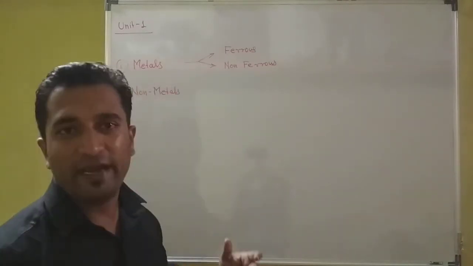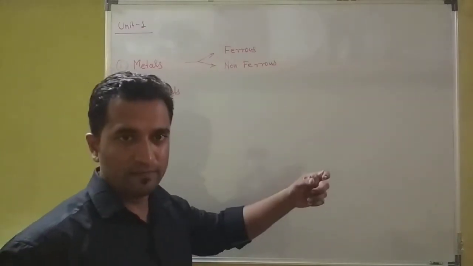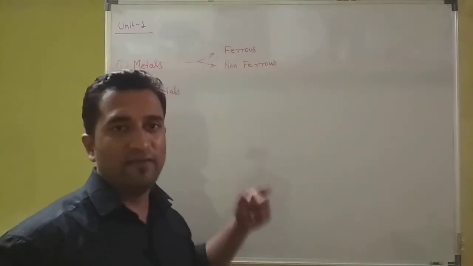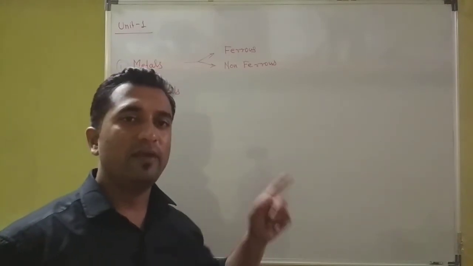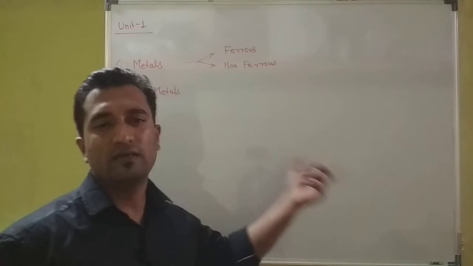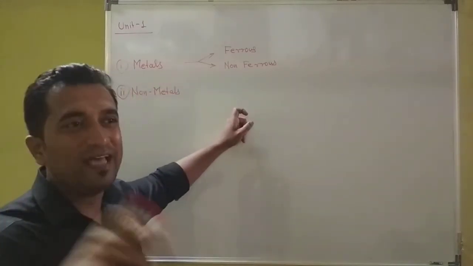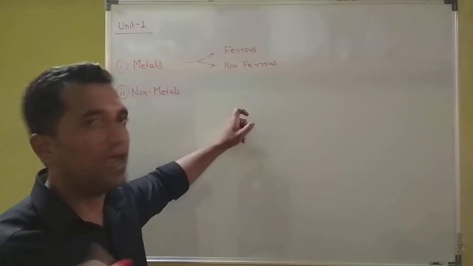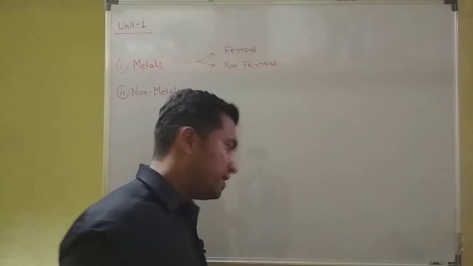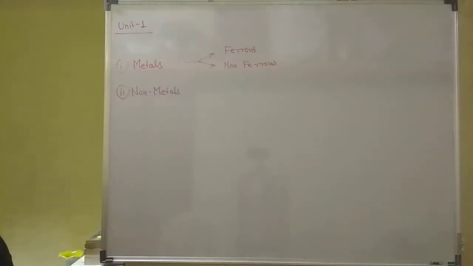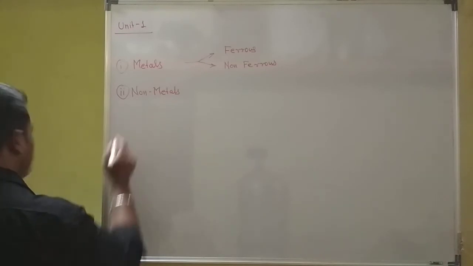Now, how can we identify those? If a magnet attracts any metal, that time we should understand that it is a ferrous material. And if any metal doesn't attract to the magnet, that time we have to understand that that is non-ferrous material. Now after this we will study the mechanical properties of materials.